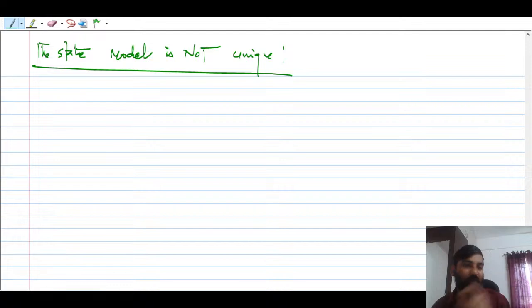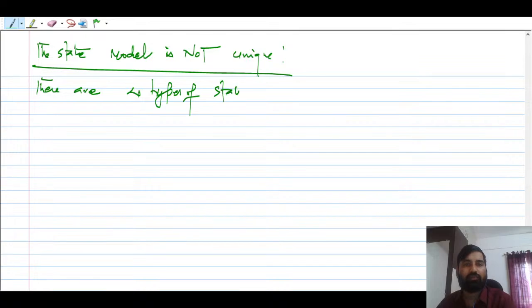The state model is not unique, please remember. But there are 4 types of state models that you have to remember.